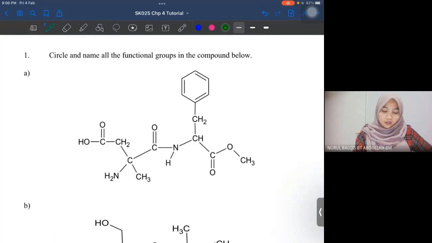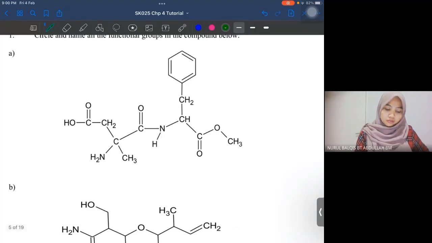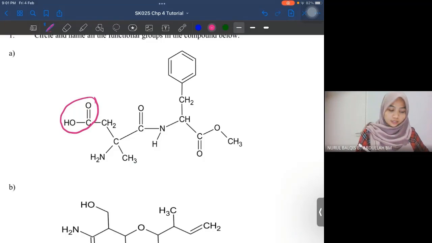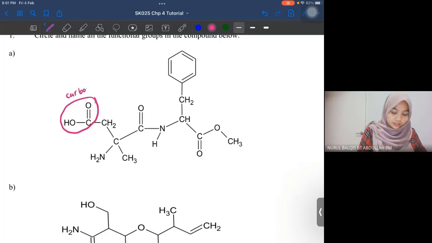Face-to-face questions still on 4.2. Circle and name all the functional groups. Okay, benda yang sama. Jom. Apa ni? Carboxyl. Hydroxyl, good. Lagi?